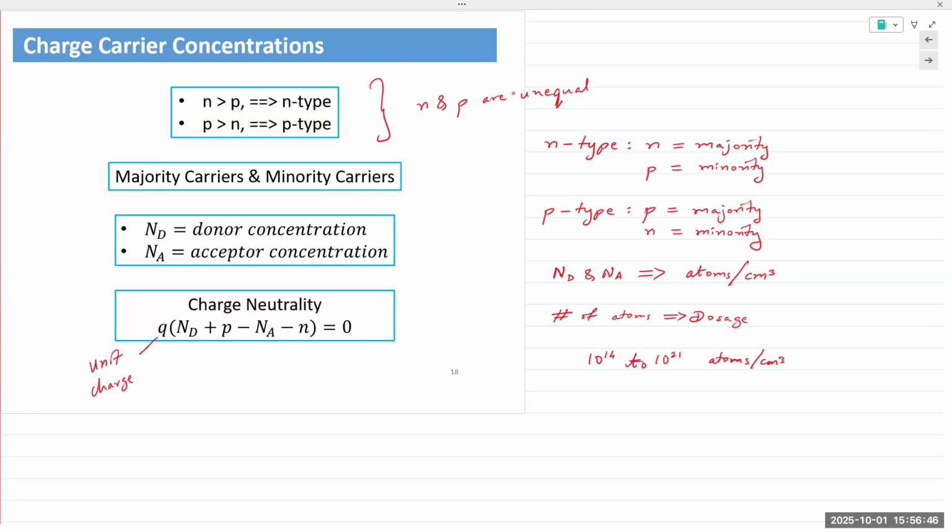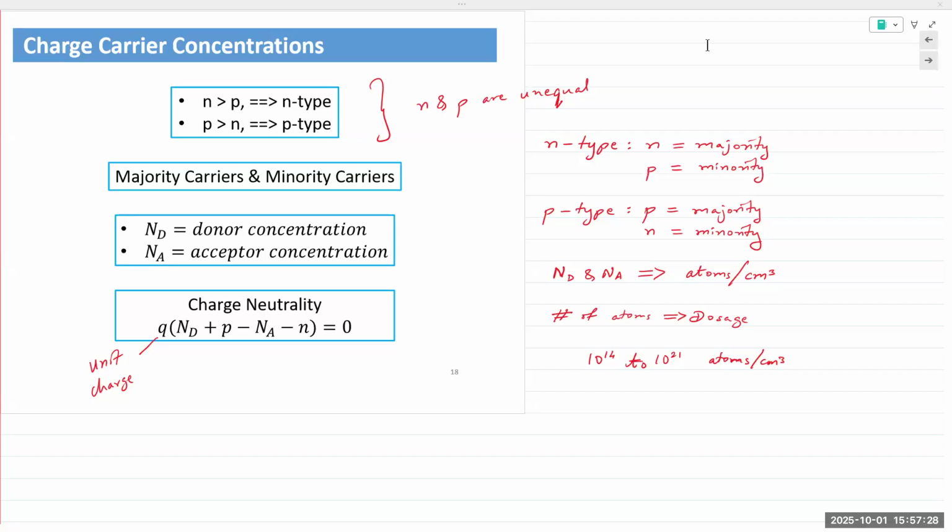This is known as the charge neutrality equation: ND minus NA plus P minus N equals 0. Remember, for intrinsic charge carriers, P equals N. Intrinsically generated charge carriers, P always equals N. It's only after we introduce donor atoms or acceptor atoms that the charges could be imbalanced. But it's always charge neutral. So it's governed by this equation known as the charge neutrality equation.